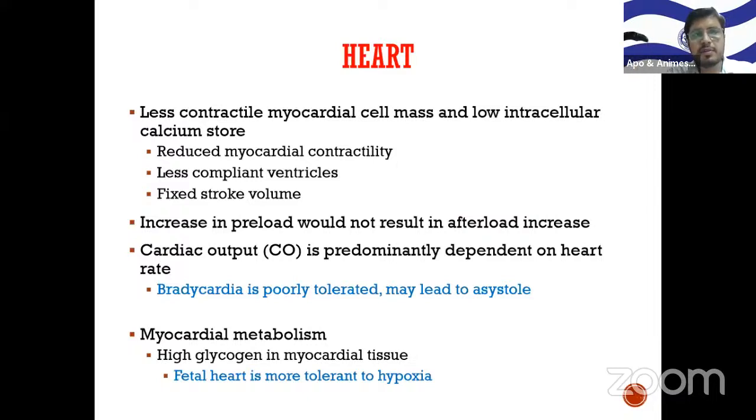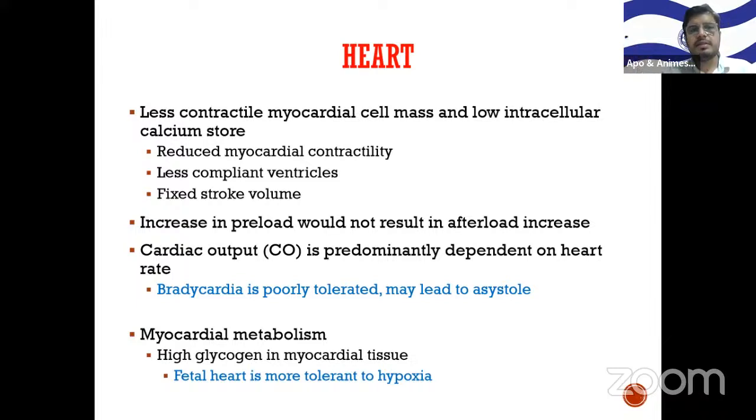So, coming to the heart, the myocardium has less contractile myocardial cell mass, and it also has low intracellular calcium store in the neonatal myocardium. Due to these two reasons, there is reduced myocardial contractility, and the ventricles are also less compliant.